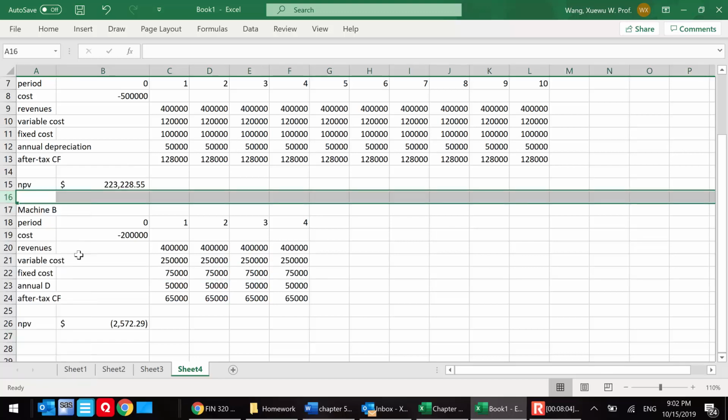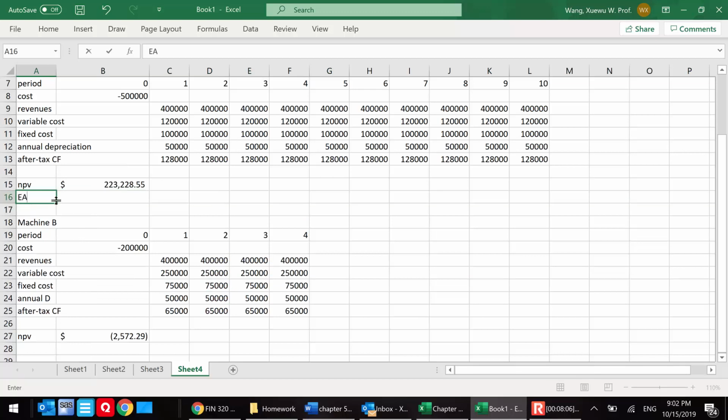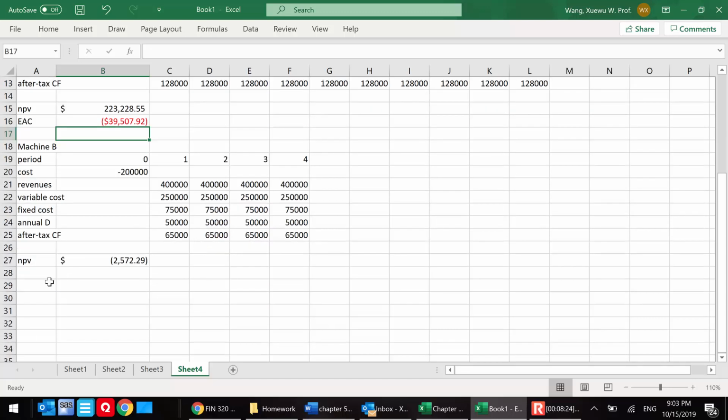Let's look at the EAC for machine A. That's going to be equal to payment, the rate is 12%, this is for 10 years, this is the present value, and the future value is 0. So that's the EAC, it's $39,507.